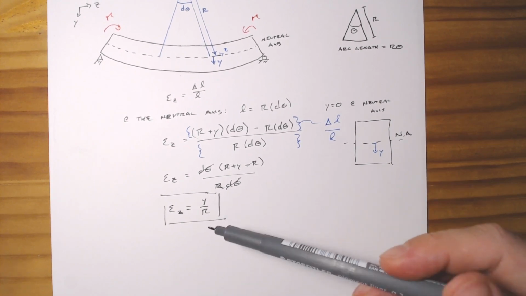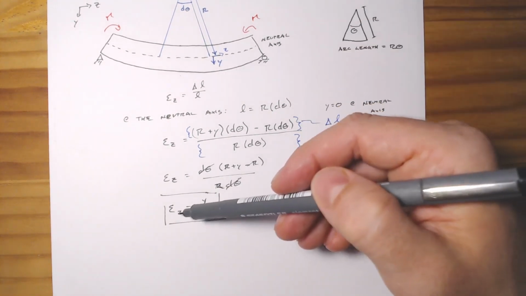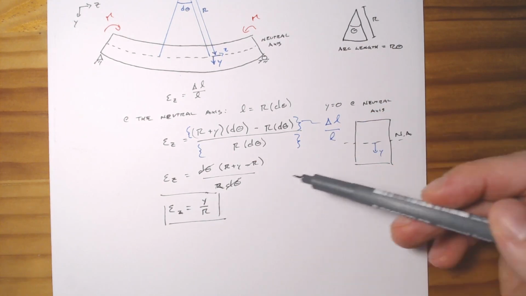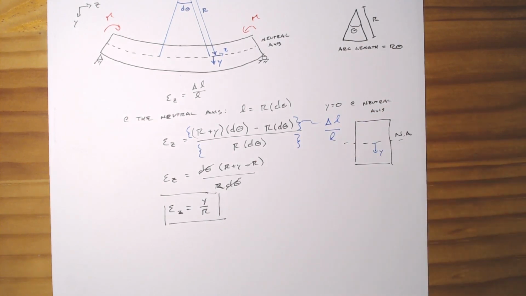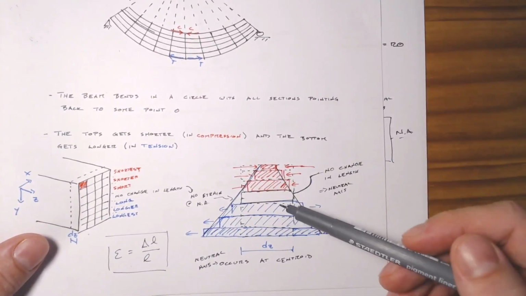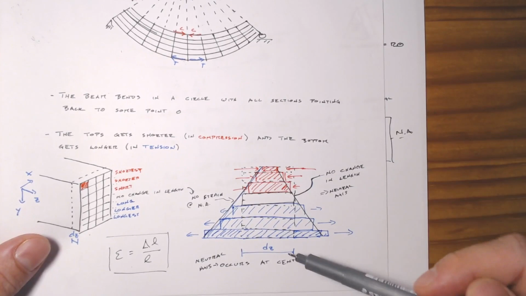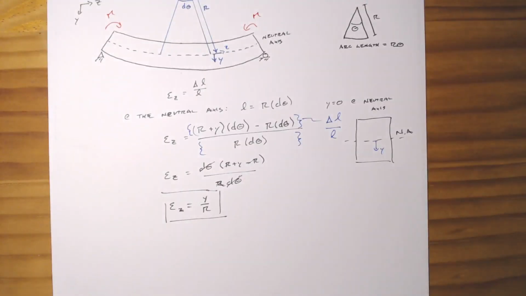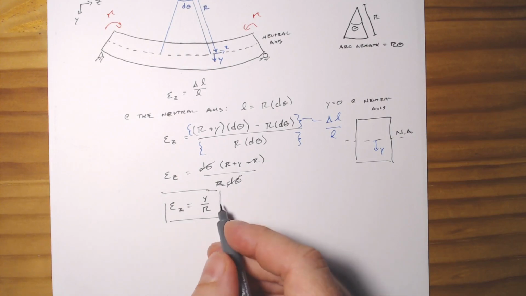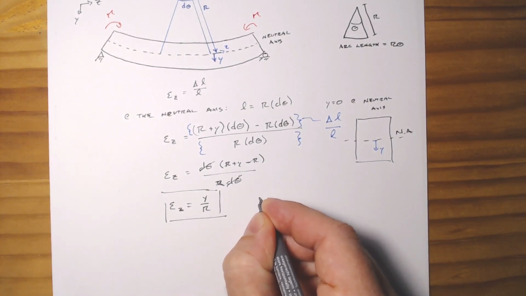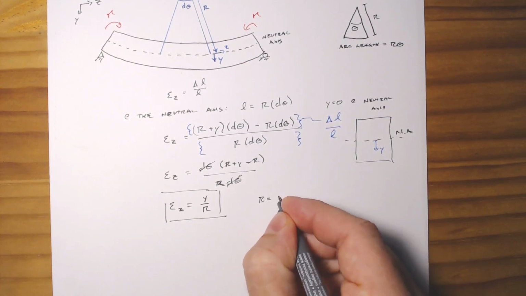We have a strain which is just proportional to the distance away from the neutral axis, which is really just mathematically proving what we've seen intuitively here, that your strain increases as your distance away from the neutral axis increases. And we in fact give this r a special name, and we call it the radius of curvature.